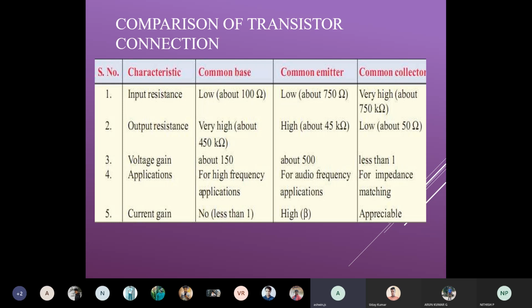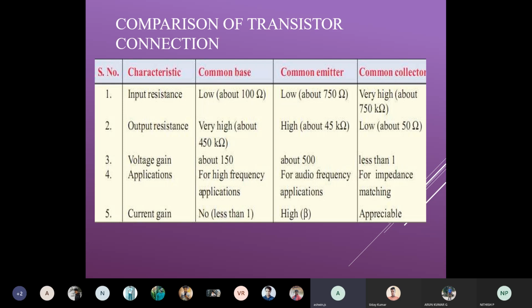Okay, and if you go for the common emitter, I'm going to calculate with respect to the collector and emitter. So that's why it is high. Okay, and if you go for the common collector configuration, I'm going to calculate the resistance of the emitter with respect to the collector. So the emitter is present, that's why the resistance is low. Okay, so wherever the emitter is available, resistance will be very less.